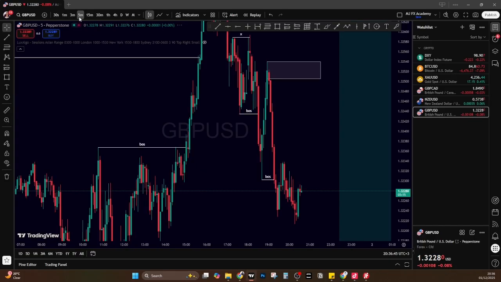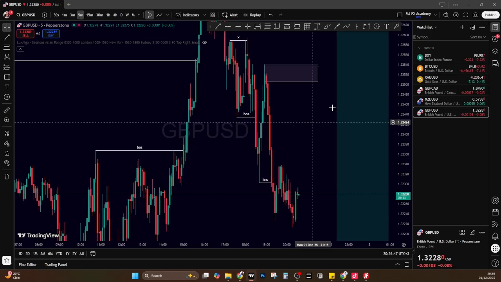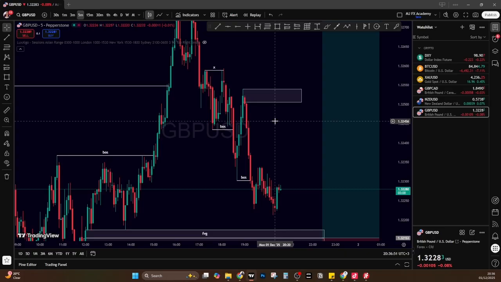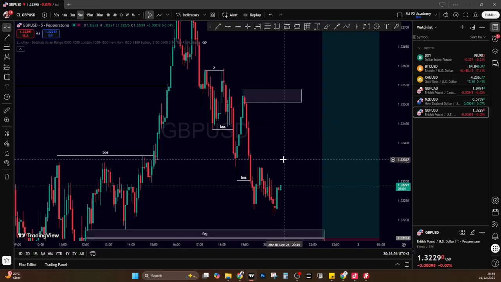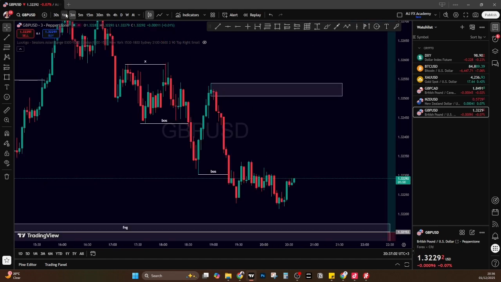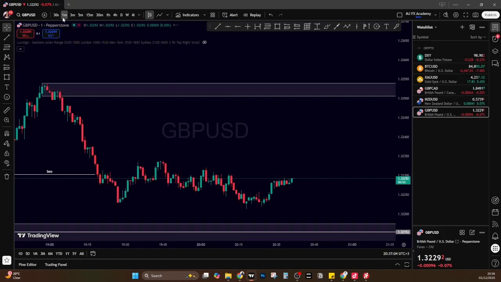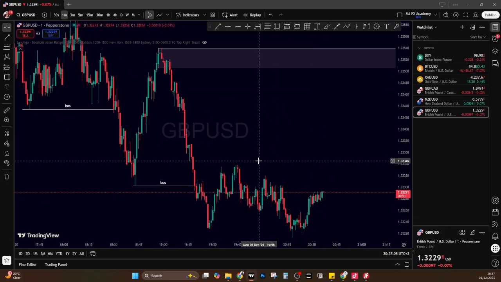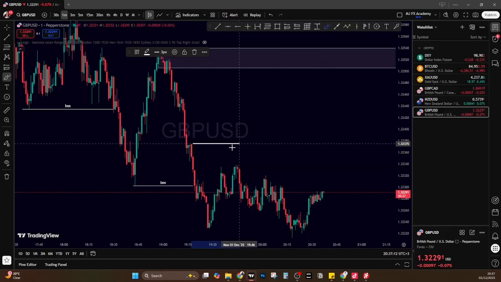Now, if the time frame you are using to trade is 5 minutes, for example, and then the market has broken structure, when you go to the lower time frame, you will see these swing highs. All these swing highs are liquidity.